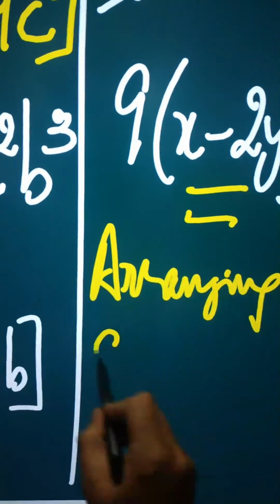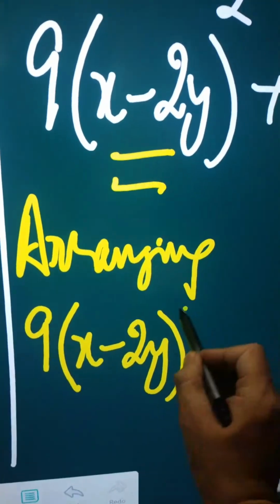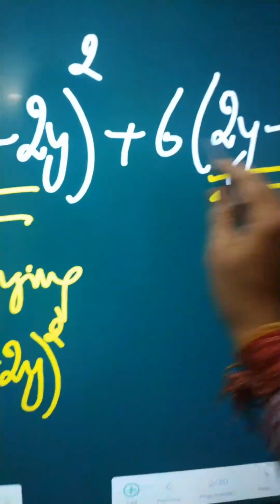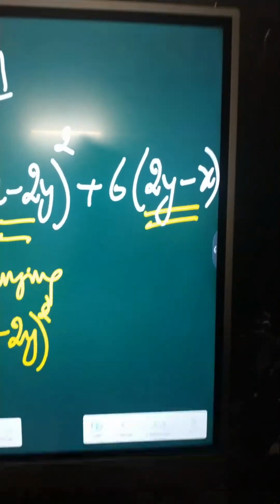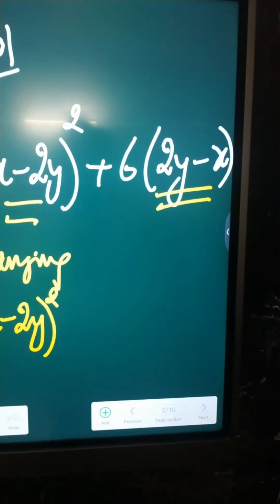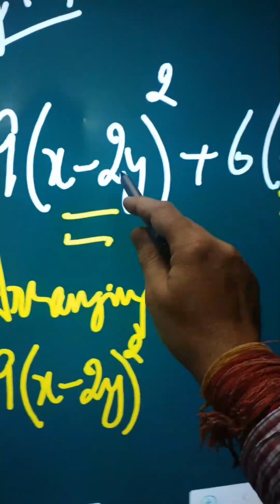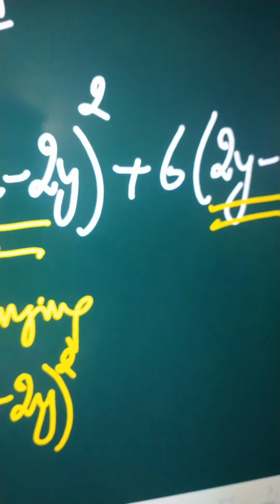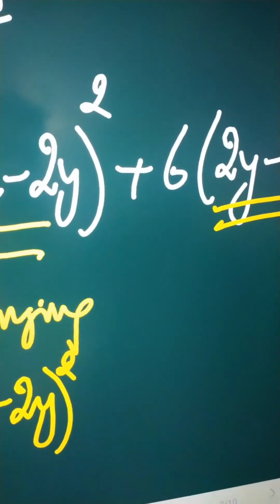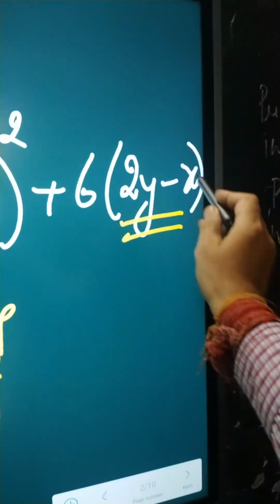So I will write 9 into (x minus 2y) square. Here I will take it as it is, and I want to make this one as minus 2y. This is minus 2y, so this also should be minus 2y. So what will I do? I will change all the signs of this expression.